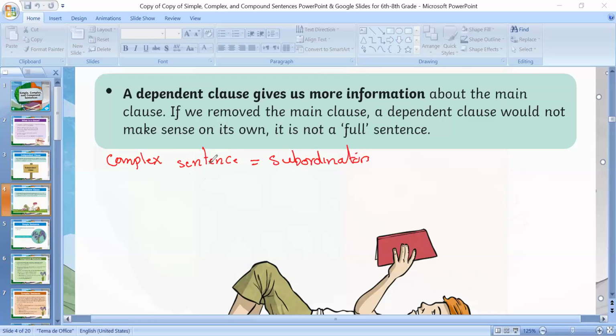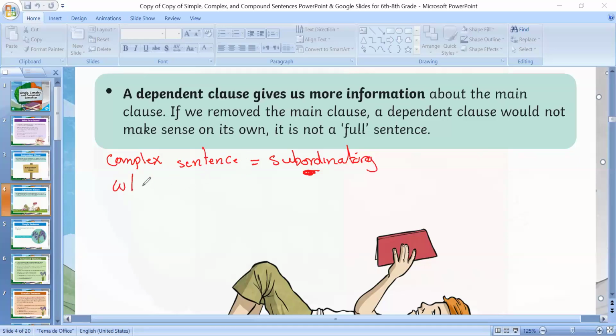Yes, exactly. Any sentence that consists of two clauses, one of them is subordinate or dependent, or one of them contains a subordinating conjunction, is a complex sentence.